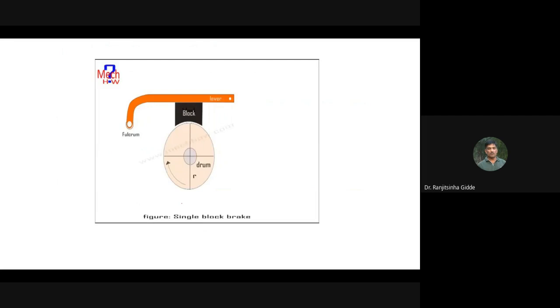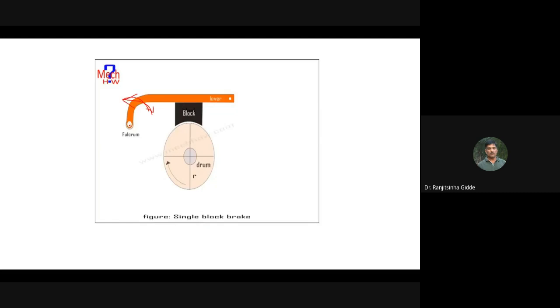Then this is the schematic of the single block brake. So this is the block. This one is the drum or disc. This one is the fulcrum, where it has the facility to move in this way.